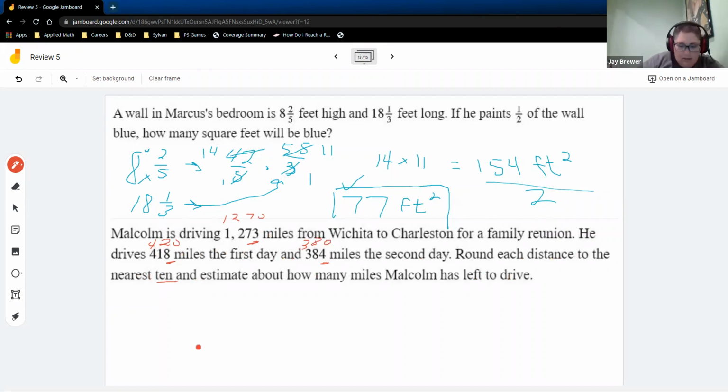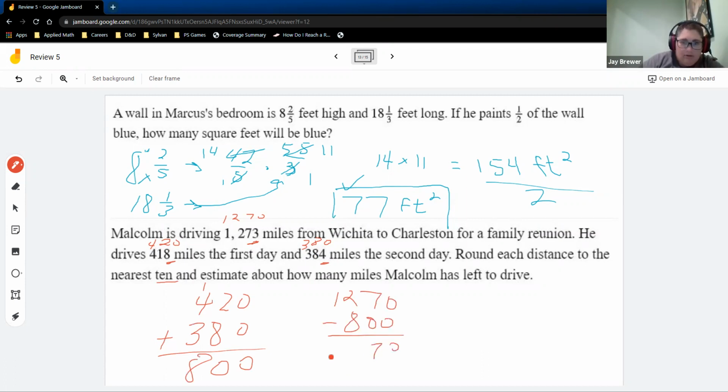So if we take and add 420 to 380, we actually get 800. Okay, if we take 1270 and subtract 800, we will end up with 470 miles left to drive, roughly.